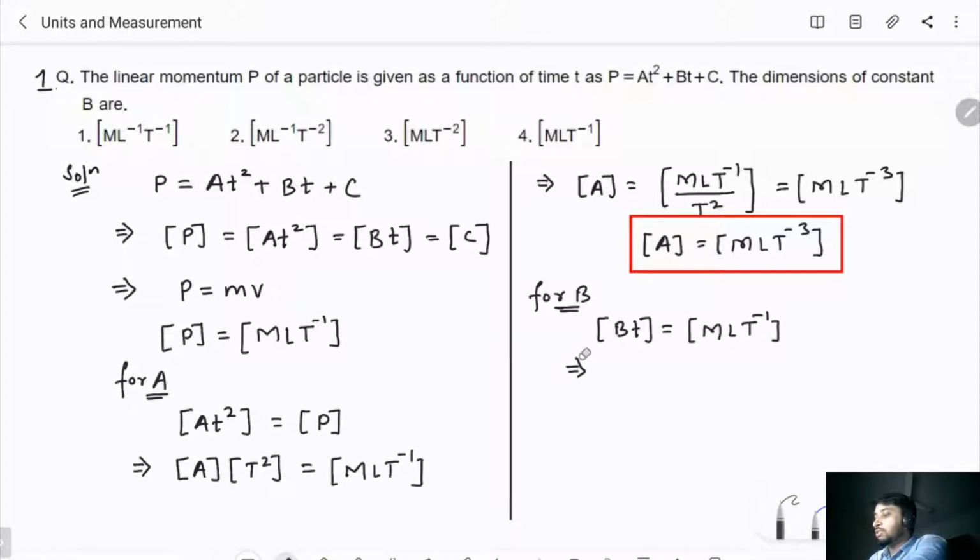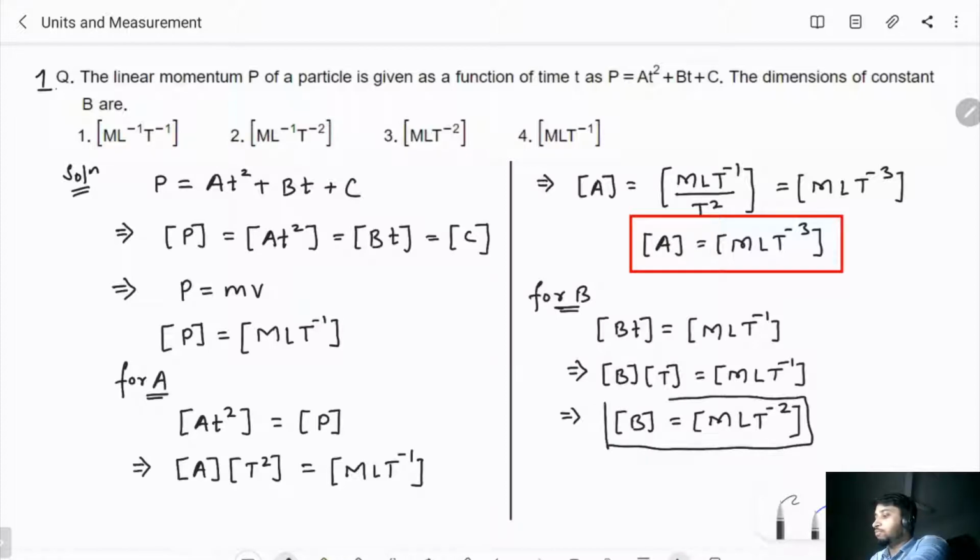Here B is the constant whose dimension we need to find, and T is time. So the dimension of B into T will be the same as the dimension of M L T to the power minus 1. So the dimensional formula for B, you will get as M L T to the power minus 2, upon simplification. So this is the dimensional formula for B.